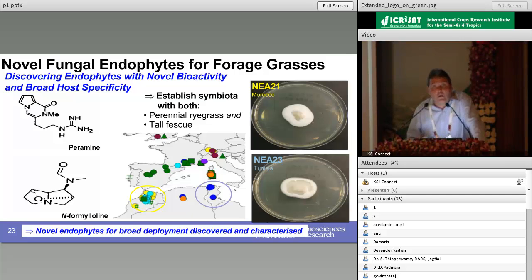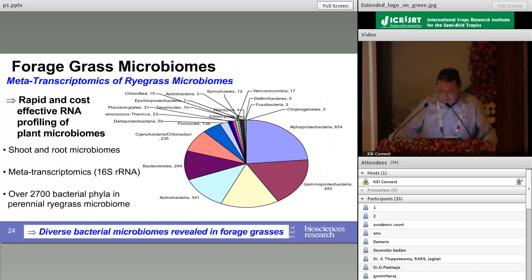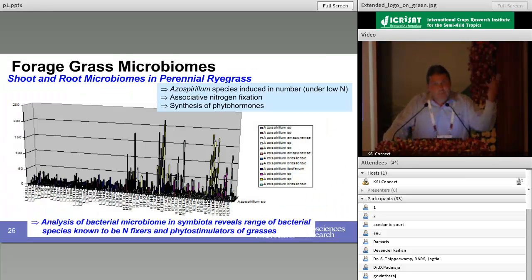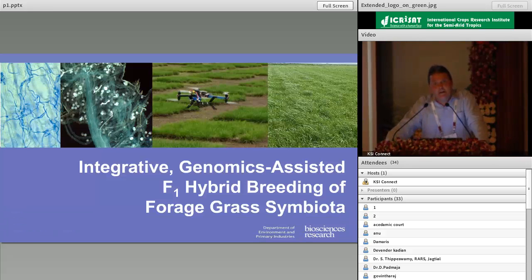If we look more closely, we can identify as components of that bacterial microbiome in the symbiota a range of bacterial species, particularly Azospirillum species, that are known to be nitrogen fixers as well as growth phytostimulators in grasses. So that's describing some of the biology and using these omics technologies to characterize the biological system.